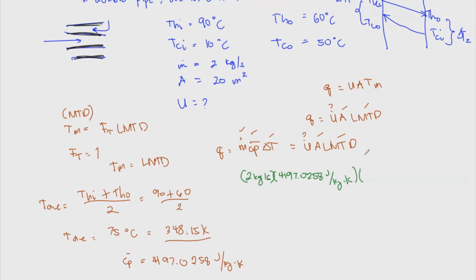And then we have our delta T. So delta T is 90 and 60, so we have 90 degrees Celsius minus 60 degrees Celsius, and di natin need i-convert to Kelvin kasi siya ay difference. But if it's not, then kailangan natin siya i-convert. Then this is equal to U. Ano yung hinahanap natin? And then A.